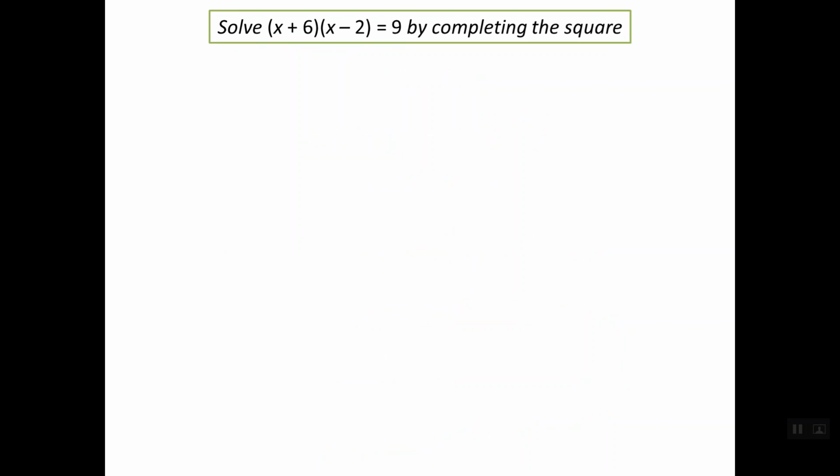Now we need to solve for x plus 6 multiplied by x minus 2 is equal to 9 by completing the square. See that the left side of this quadratic equation is not in its standard form. So what to do is simply to multiply this binomial by this binomial.